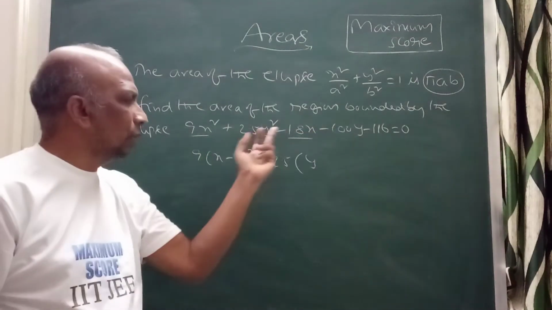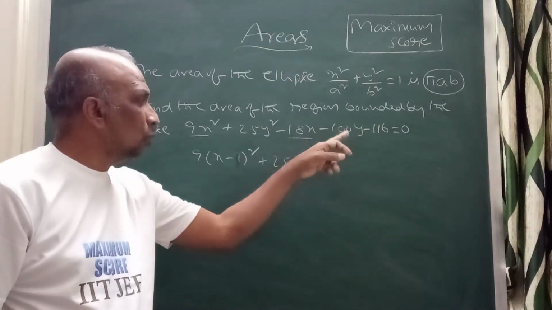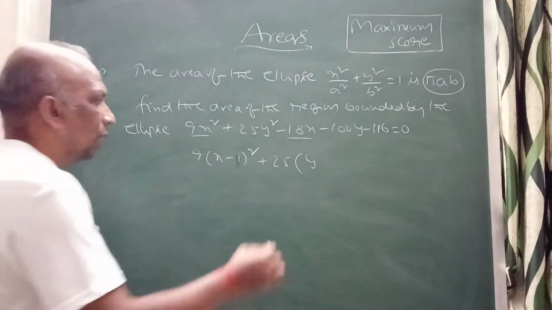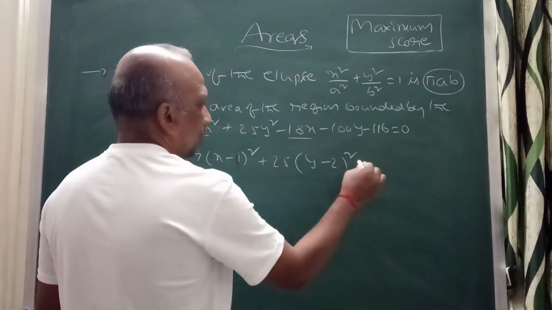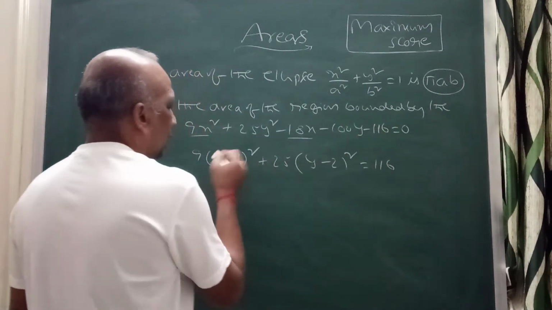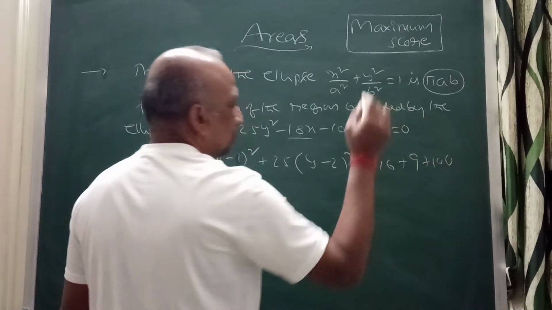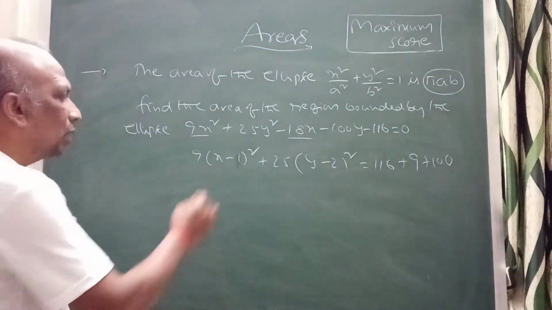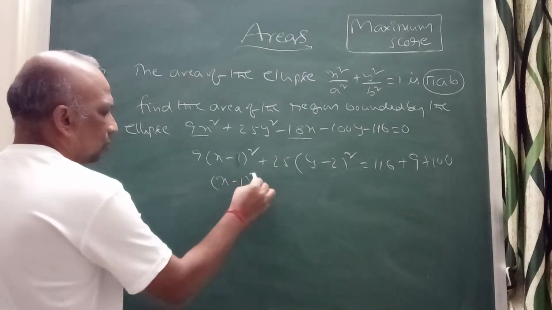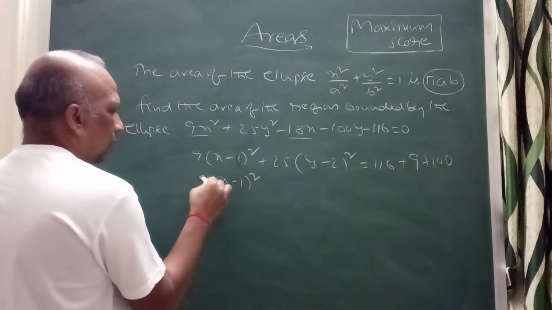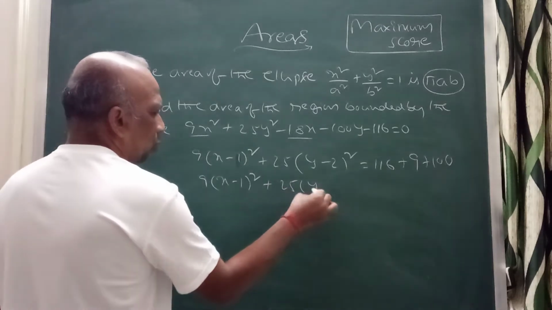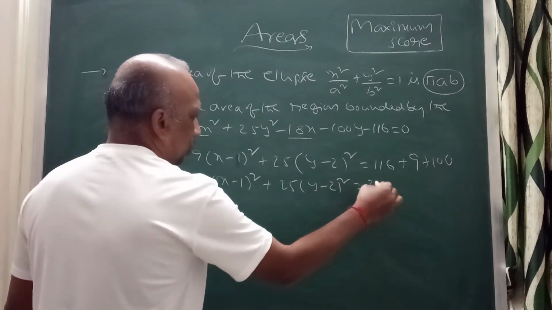If I take 25 common, y square minus 4y gives y minus 2 whole square, equal to 116. You are adding 9 and adding 100, so this becomes 9 into (x minus 1) whole square plus 25 into (y minus 2) whole square equal to 225.